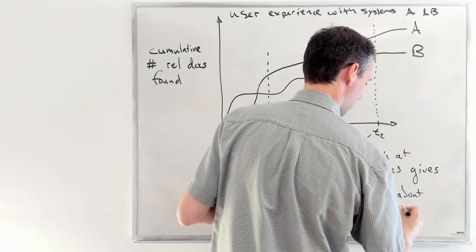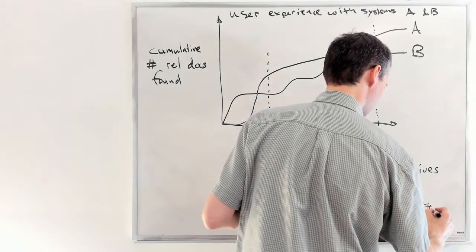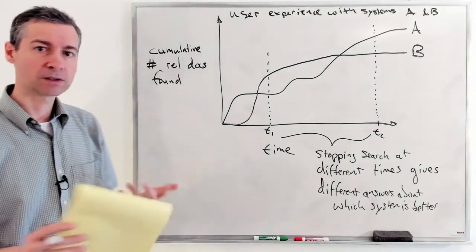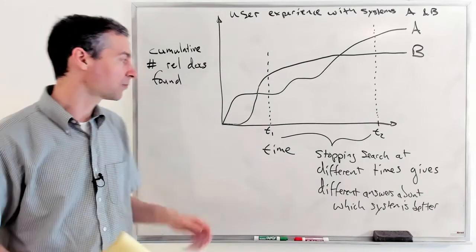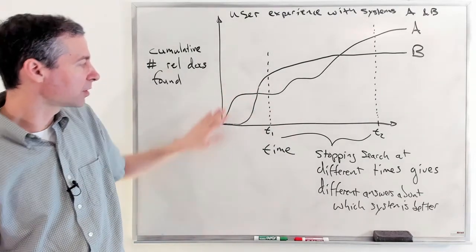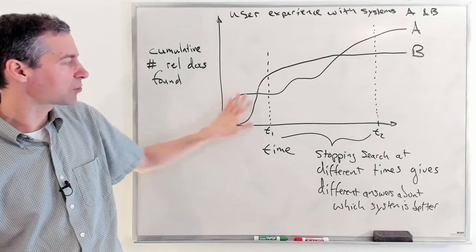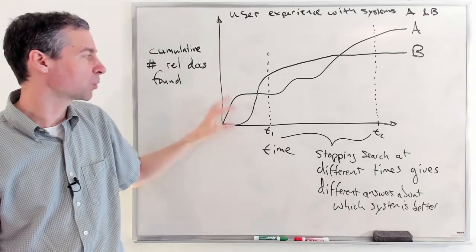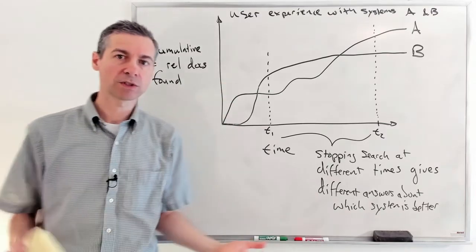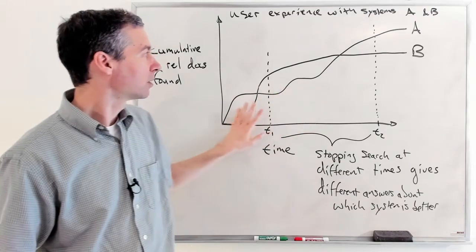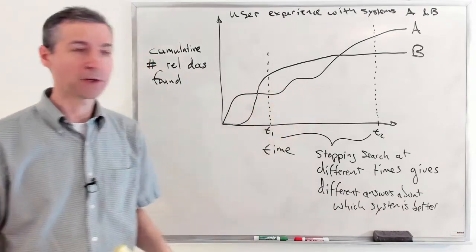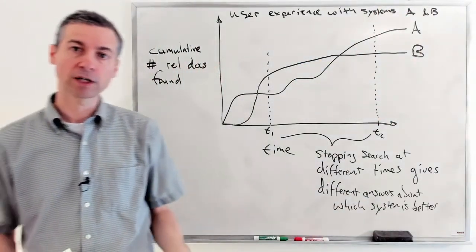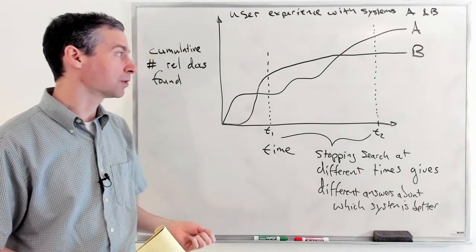So which system is better? And this is certainly something for us to consider, because what if our user population is not really spending much time searching? What if they're really always pressed and they're not willing to spend much time? Well then system B is definitely probably going to be better because they are able to find something really quickly. But if our users in general have more time to spend, system A looks better. But if our users have a huge amount of time available, maybe system A will shine out and be better for them.